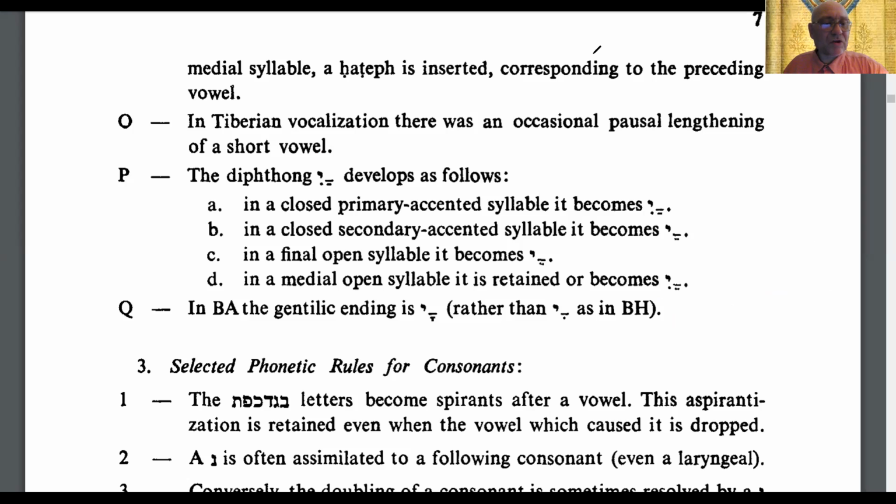All right, so Q. In Biblical Aramaic, the gentilic ending is, okay, so we got a kametz with a yod. So in other words, let's just put a bet in there. We put a kametz and a yod rather than heric yod, as in biblical Hebrew.